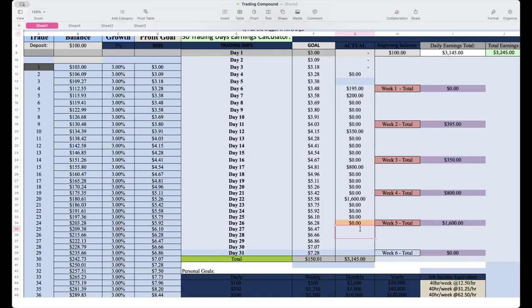We're at 32.45 times 100 pips times 15 equals $1,500.